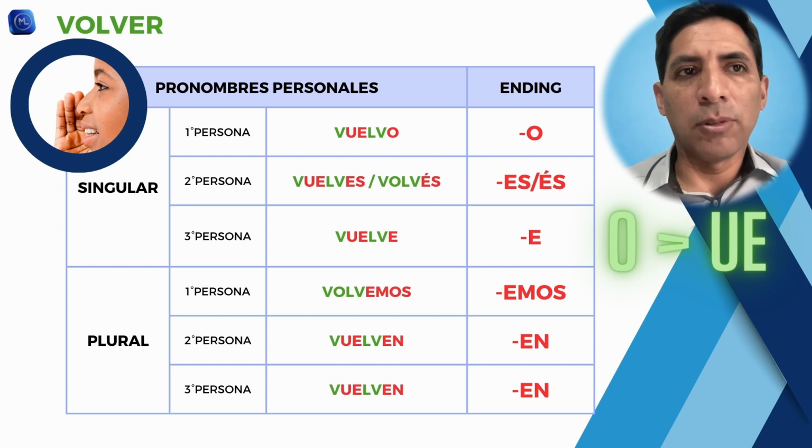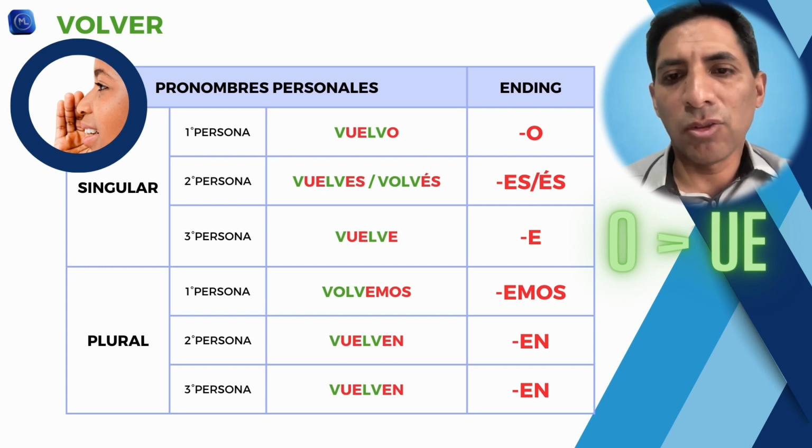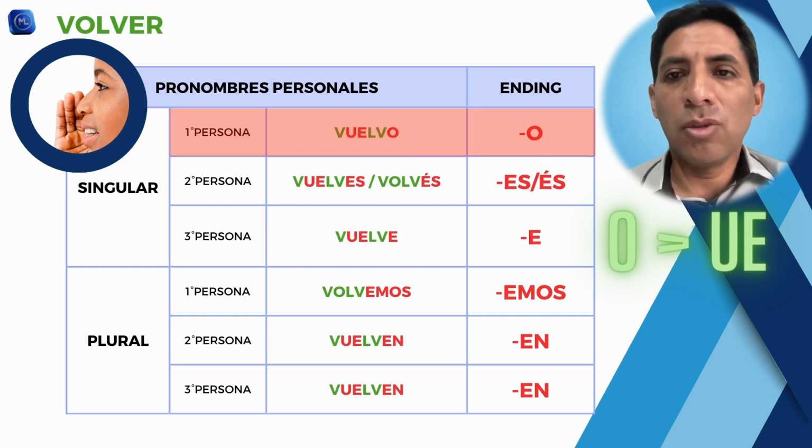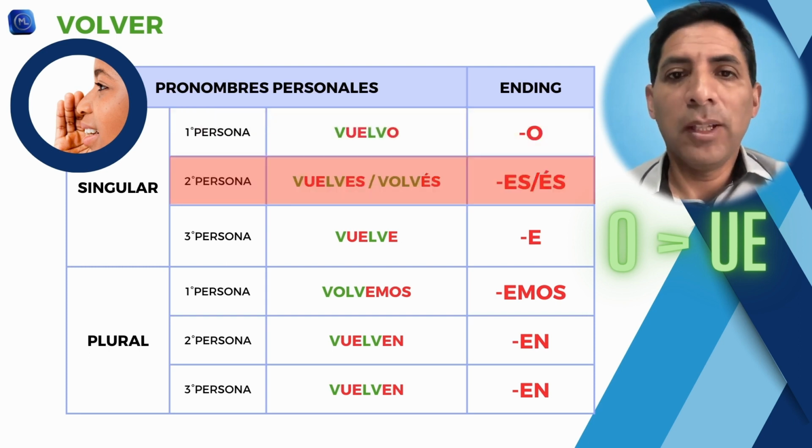So here's the table with all of the conjugations for volver. As we see here, the first one is yo vuelvo. Second person, that will be you. If we say tú, that would be tú vuelves.